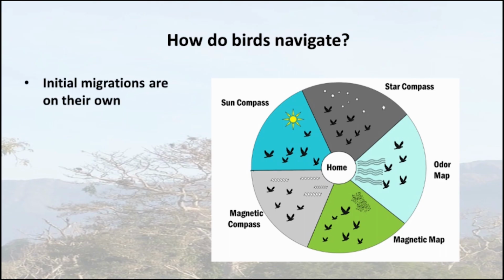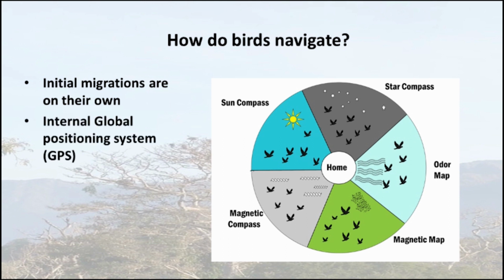Initial migrations are on their own. Somehow, during the first migration, they can find their winter home despite never having seen it before, and return the following spring to where they were born. Birds seem to have an internal global positioning system that allows them to follow the same pattern every year.